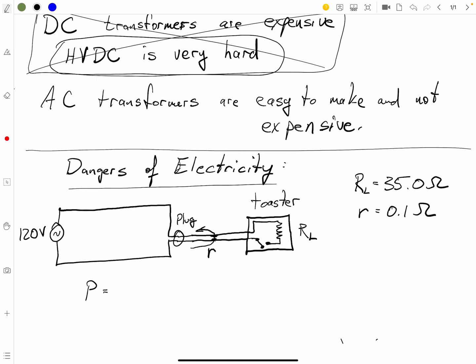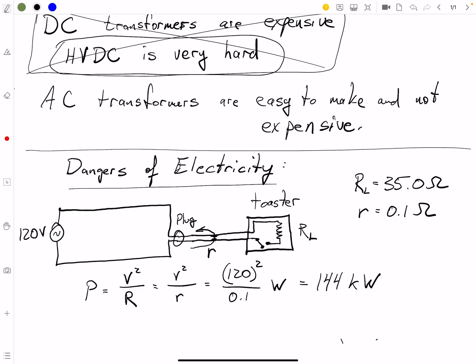Now, for the power, I'm going to use voltage squared over R. But we're going to do voltage squared over the little r. Okay, not the load. We're going to do it over this little r. And so that's 120 squared, and of course, we're going to end up with watts, divided by 0.1. And that's 144 kilowatts. Okay, so that's a lot.